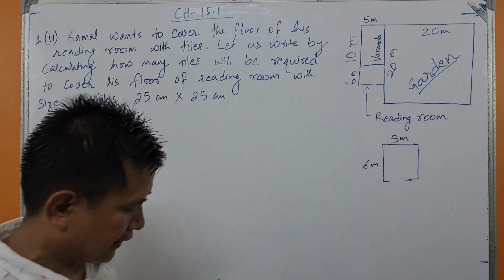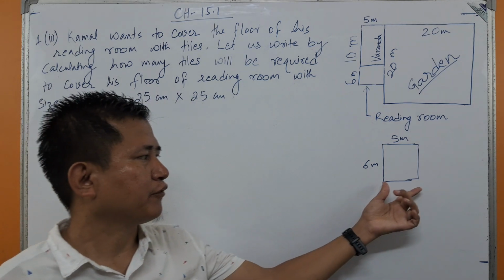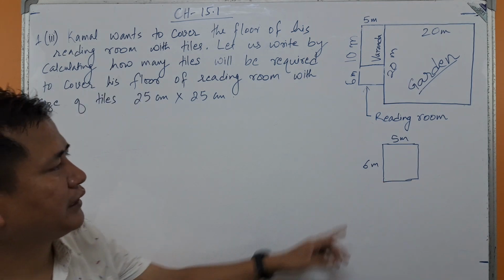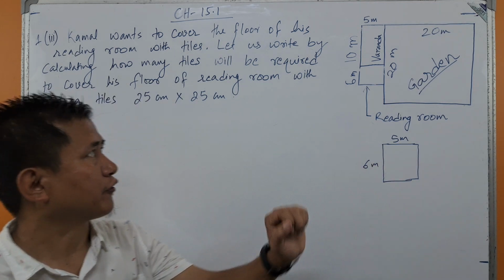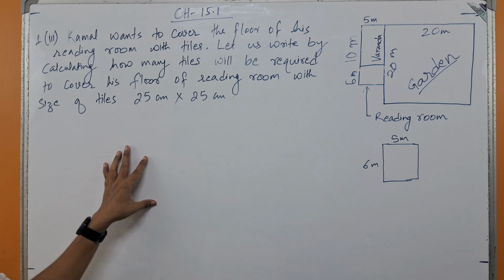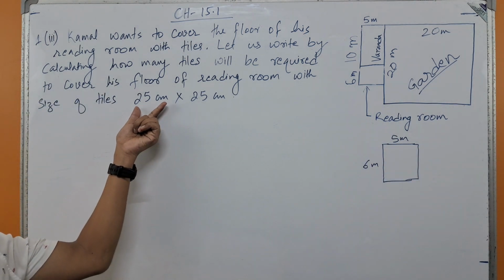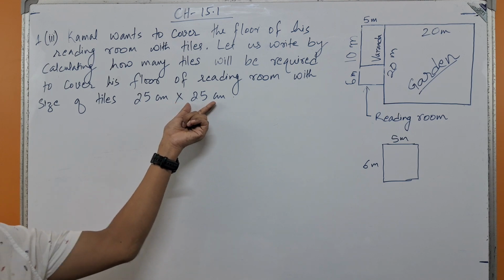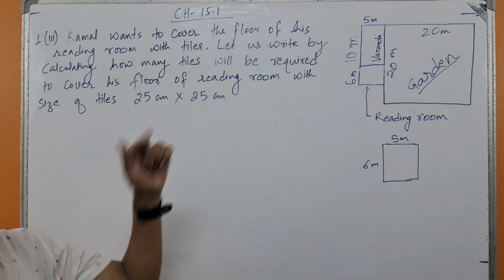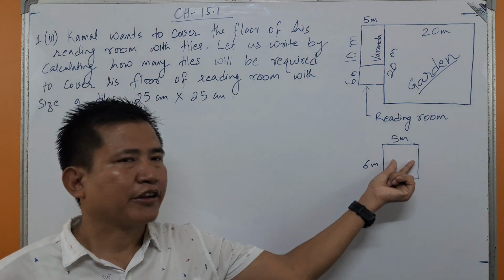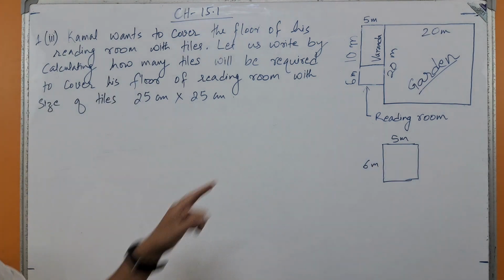When we multiply the length and breadth, we get the area of the floor of his reading room. Now we are asked to cover this floor with tiles and the measurement of each tile is 25 centimeter into 25 centimeter. So the question is asking us to find the number of tiles that will be required to cover the floor of this reading room.